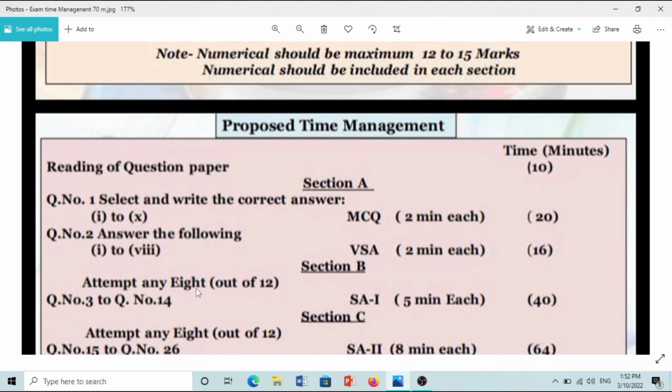For writing the answers, there are 5 minutes for each question. So you should write 8 answers, and for writing these 8 answers you require 40 minutes.